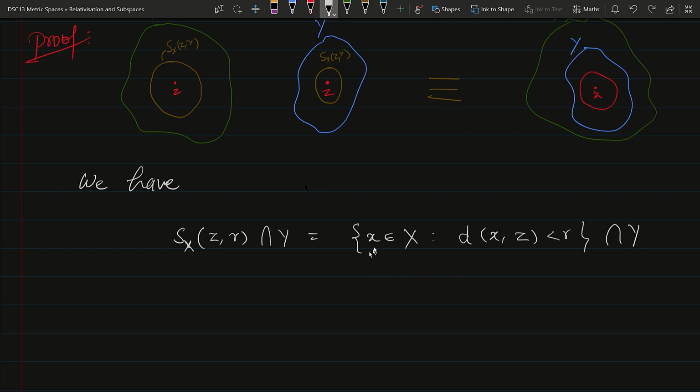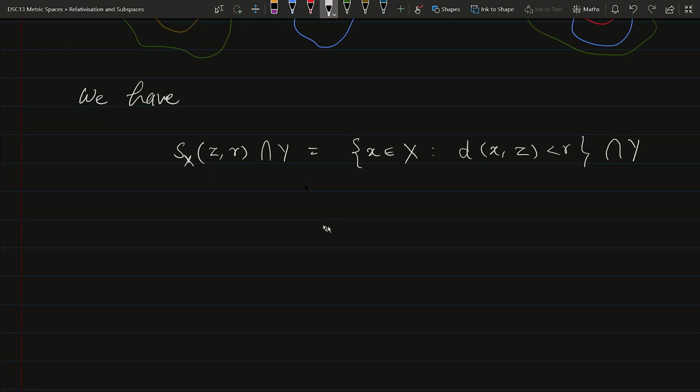Okay, now you can see we are saying that we have to take the intersection of this part of x with this. Okay, this means the elements in this set will definitely be in this y. So the elements we are collecting from x, this is the same as collecting the elements from y, right. So if I use this intersection for this set, then I can say when I'm going to collect the elements from x and then take the intersection with y, this is similar to taking the elements from y with this condition.